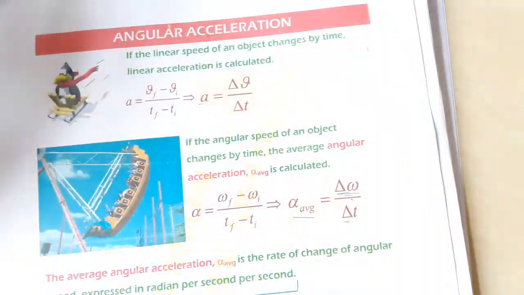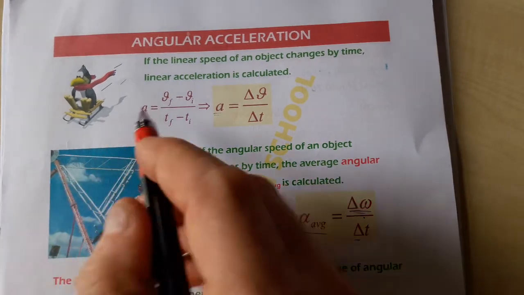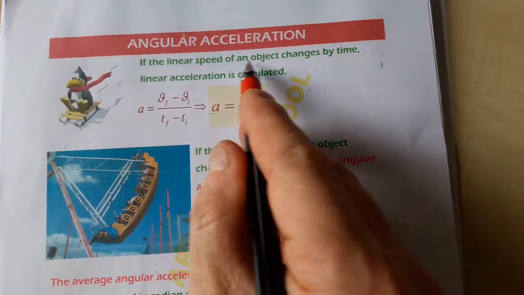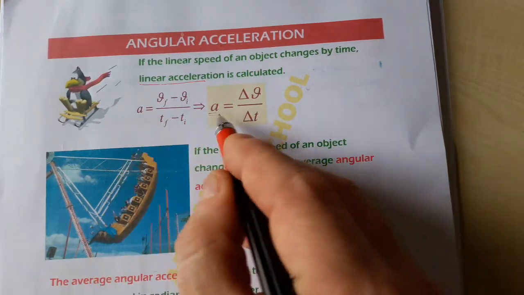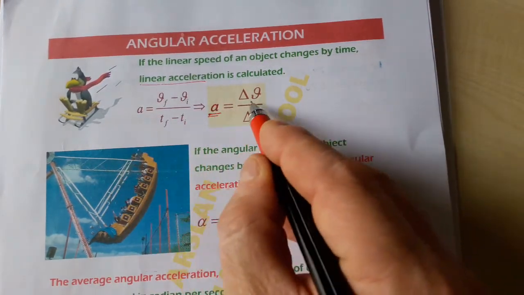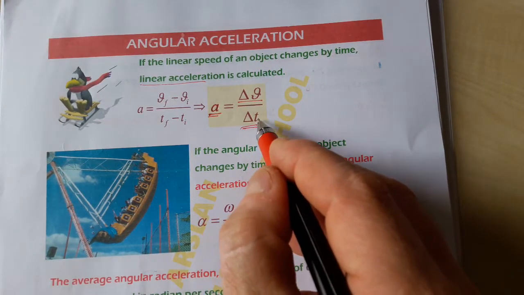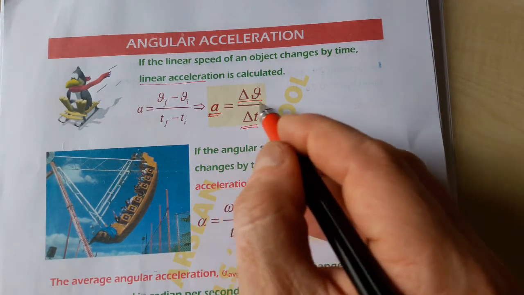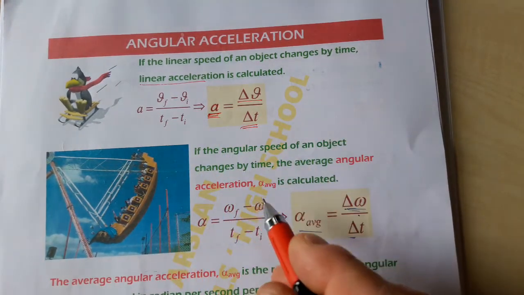In fact, the definitions are no different than the definition of linear acceleration. Remember, in linear motion, if the linear speed of an object changes by time, linear acceleration is calculated. And linear acceleration a is equal to change in the speed of an object, delta v, divided by change in time. So the rate of change in the speed of an object is called the linear acceleration.